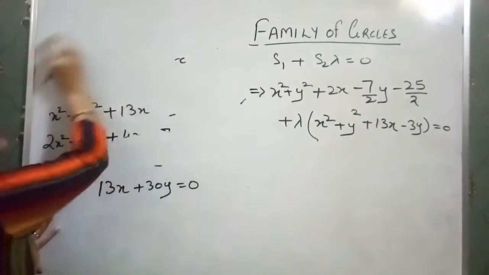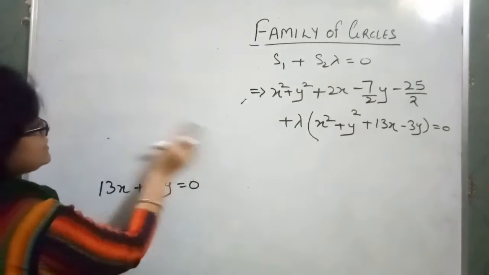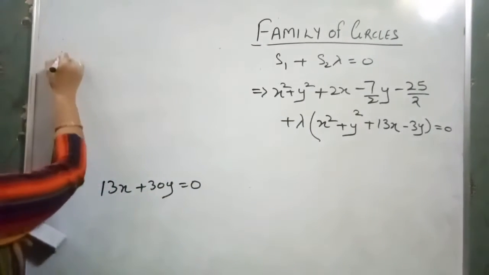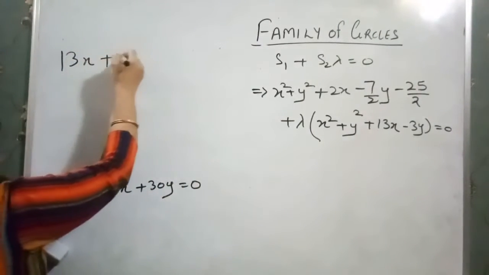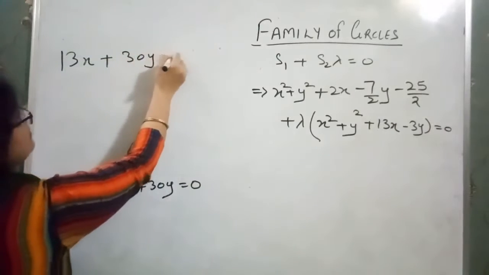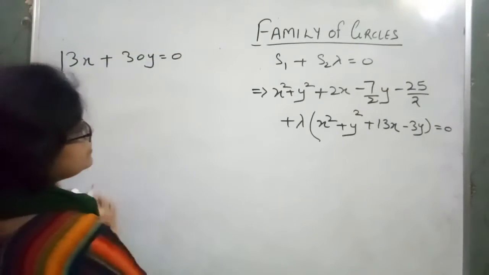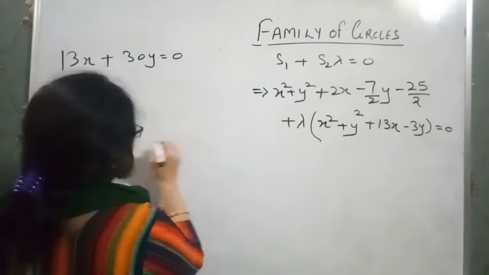Clear? The center of the circle which we got after the intersection of the two circles lies on the line 13x plus 30y is equal to 0. So we find the coordinates of the center.